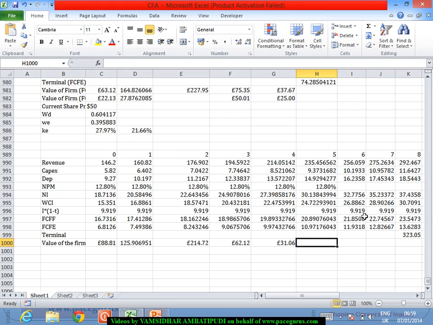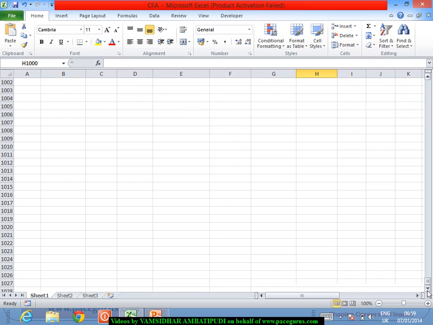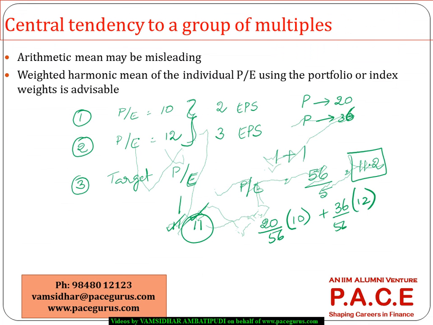If I am taking the weighted mean approach, weighted by the price, it comes out as 11.28. Even that is not a reflection of the true picture.